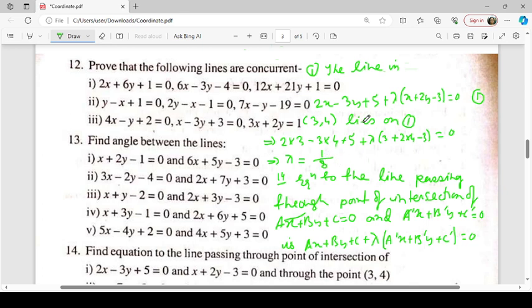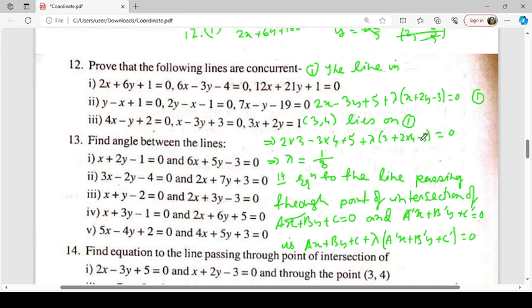Now we put the value of lambda here, lambda 1 by 8. 3, 4, it is correct. 2 into 3 is 6, 6 plus 5 is 11, 11 minus 12 is minus 1. Then 3 minus 3 is 0, and 2 into 4 is 8.